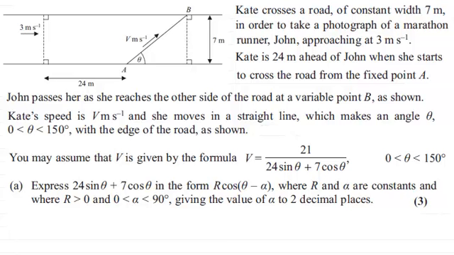And one of the things is that there's just so much information here, and really there's no need to read it all, because when you look at the first question here, it just says express 24 sine theta plus 7 cos theta in the form R cos(theta minus alpha), where R and alpha are constants and R is greater than 0 and alpha is an angle that lies between 0 and 90 degrees, giving the value of alpha to 2 decimal places for 3 marks.